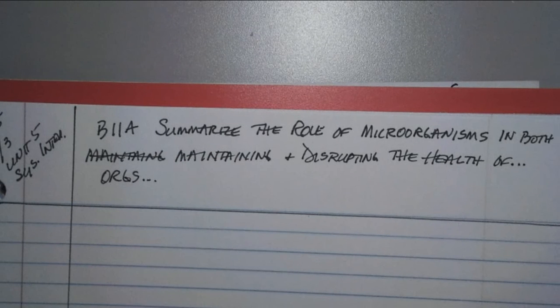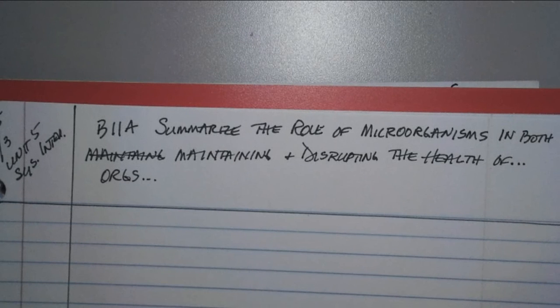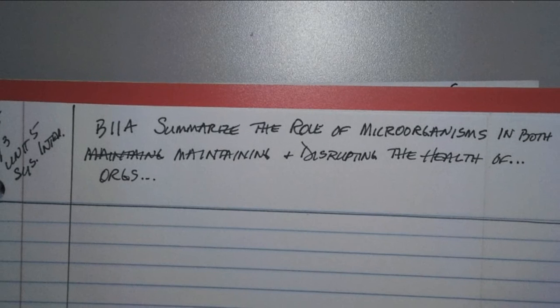Yeah, it is in the ecosystem, but we've already talked about the ecosystem. So we're just going to focus on organisms here. So summarize the role of microorganisms in both maintaining and disrupting the health of the organism.